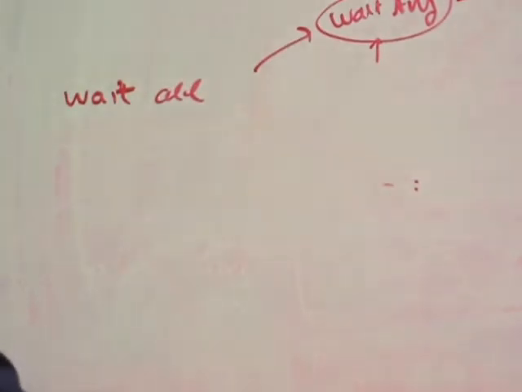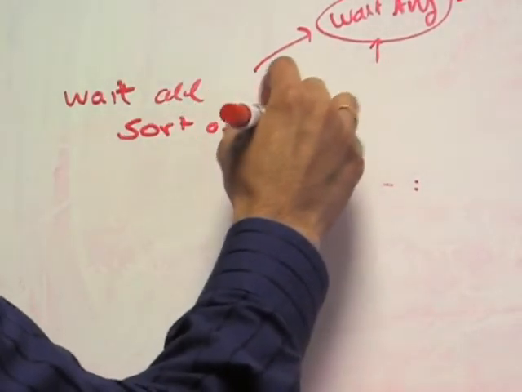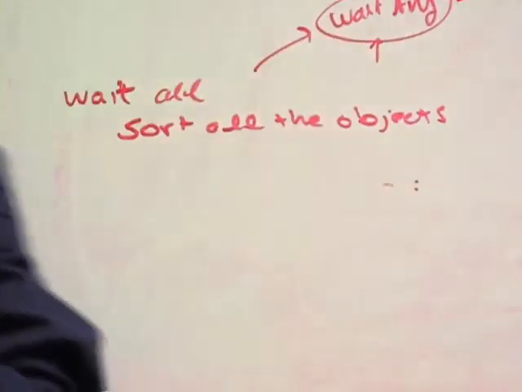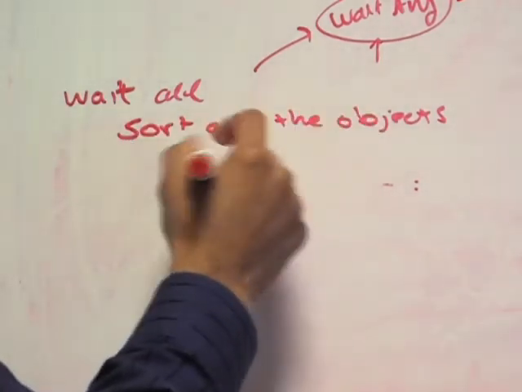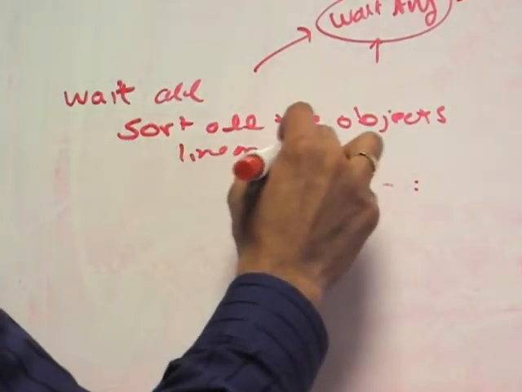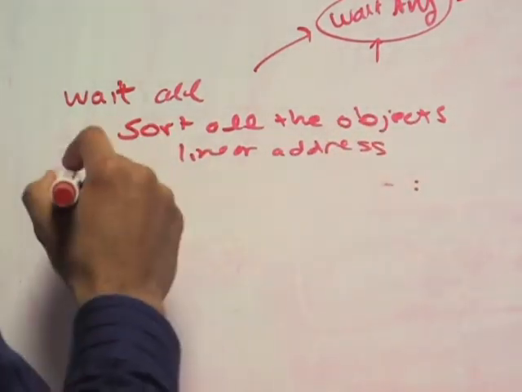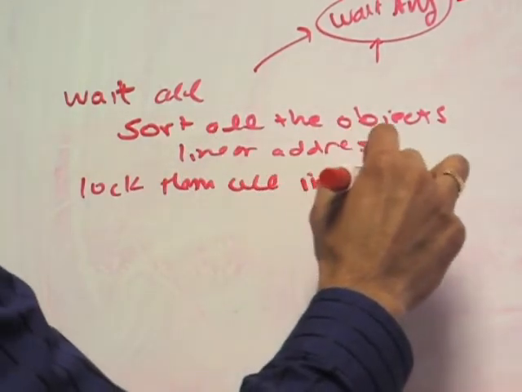So in this case, what we do is we actually sort all the objects, which all objects in the kernel have a unique linear address, right? So we can just sort based on linear address. And so we get a well-defined order from them, and then we just lock them all in that order.